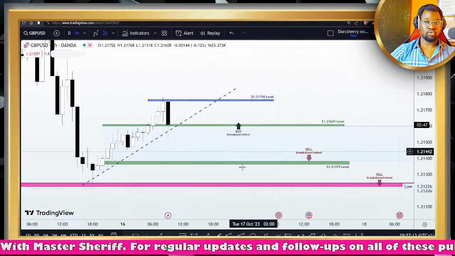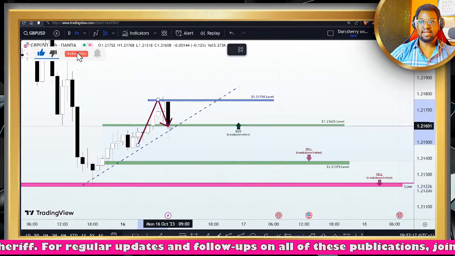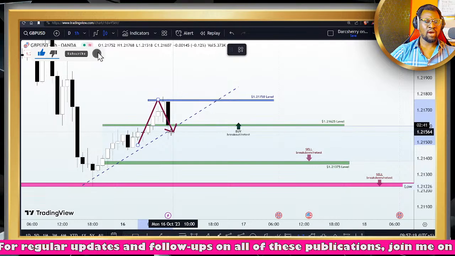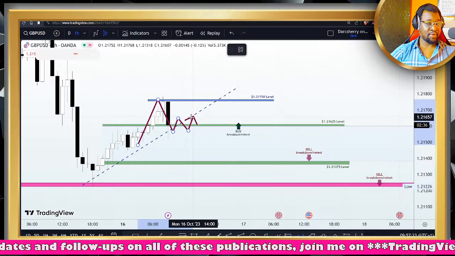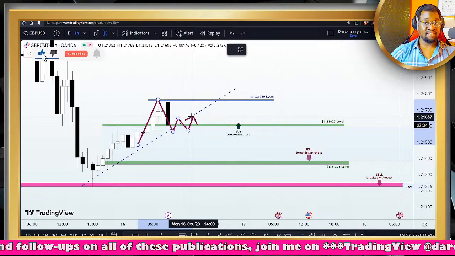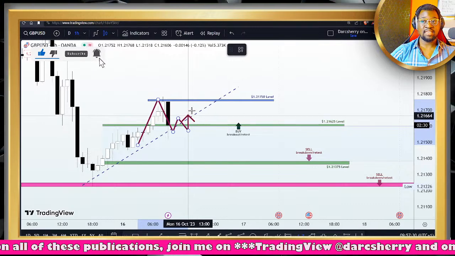So we have a very simple setup we are going to be using to guide our trading decisions for today. Right now, price has broken out of the resistance line and has come back to retest the structure. So I want to see something like continued buy pressure around this area, giving me signs that sellers are finding it difficult to settle below the 1.21675.